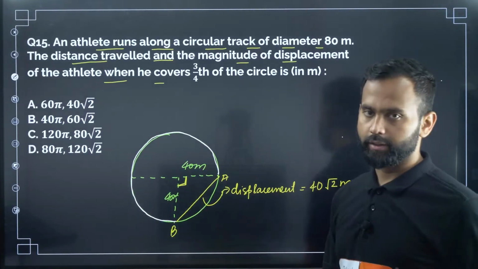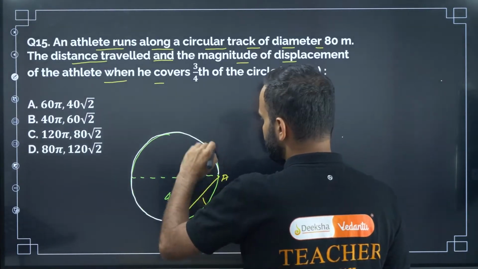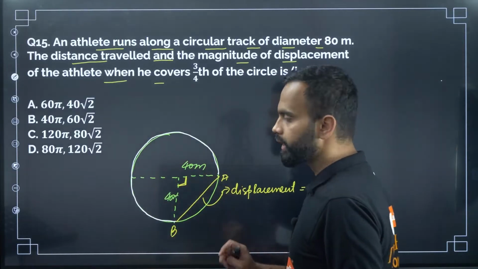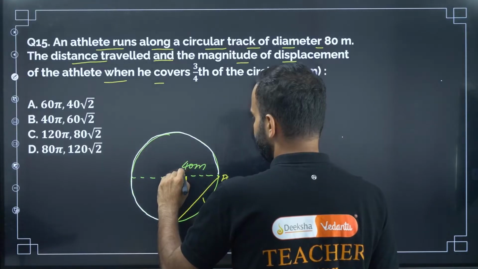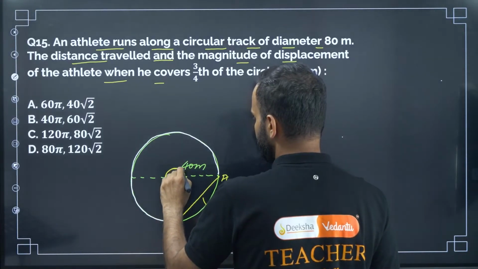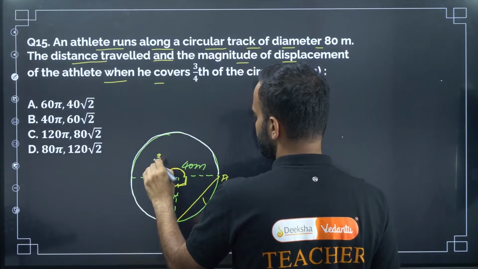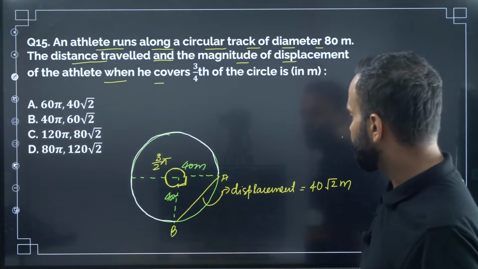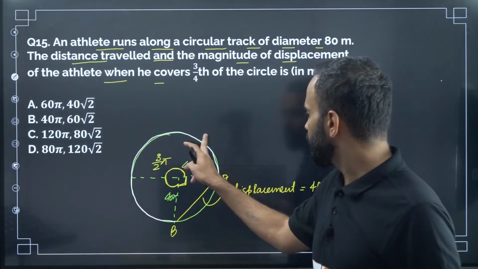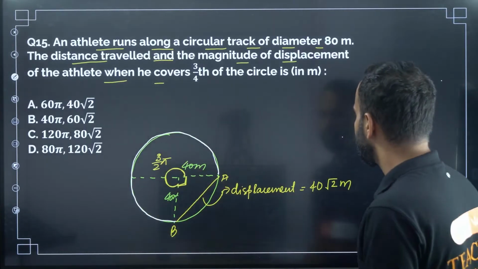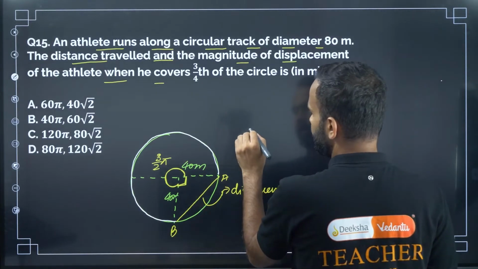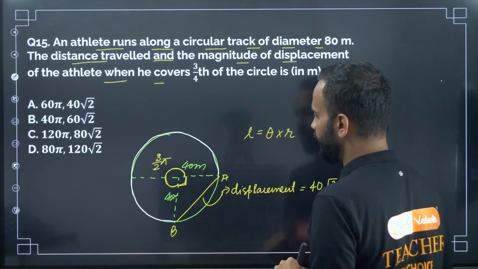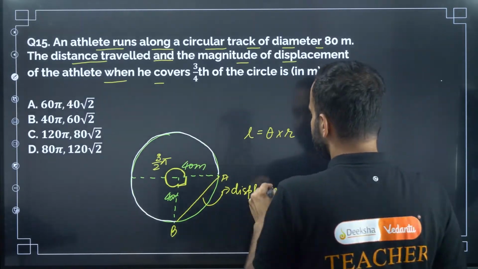Let us find the distance. Distance is the actual path taken by the object, so the white colored one is the distance. Here the angle is 3 by 2 pi. So what is the arc length of the white colored one? The arc length L is equal to theta into R, that is the distance.